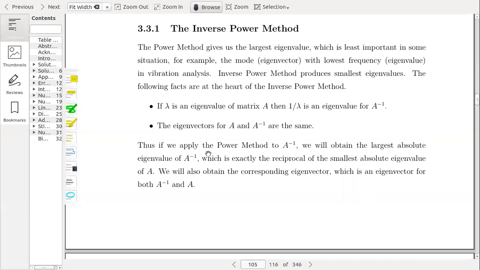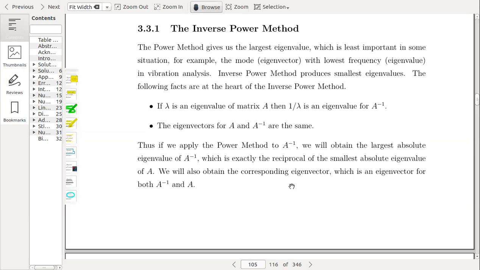Thus, if we apply the power method to A inverse, we will obtain the largest absolute eigenvalue of A inverse, which is exactly the reciprocal of the smallest absolute eigenvalue of A. So it means we can find the smallest eigenvalue of matrix A by applying the inverse power method, and we just take the reciprocal of this value.